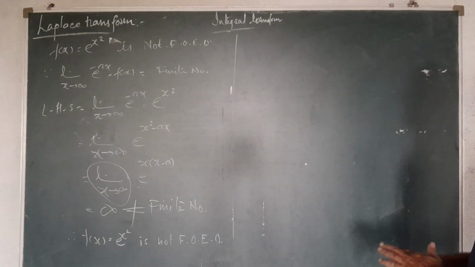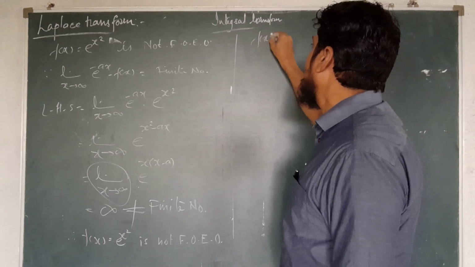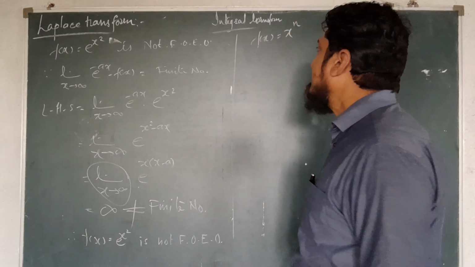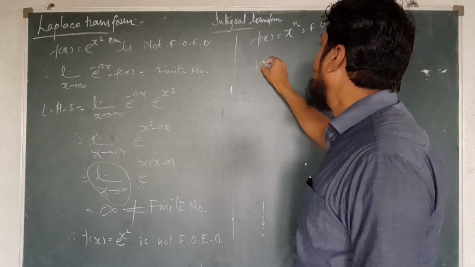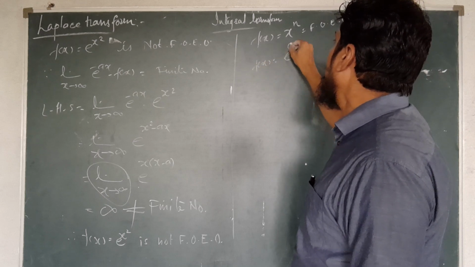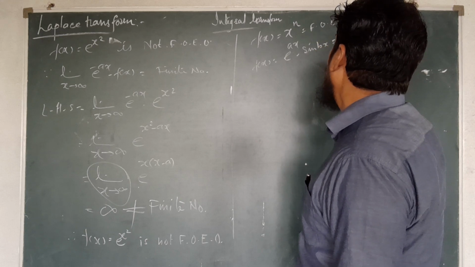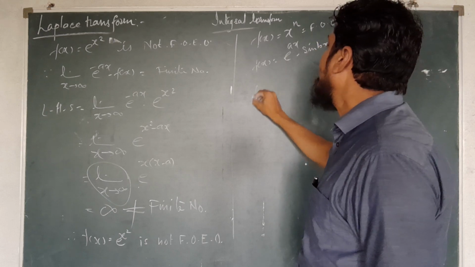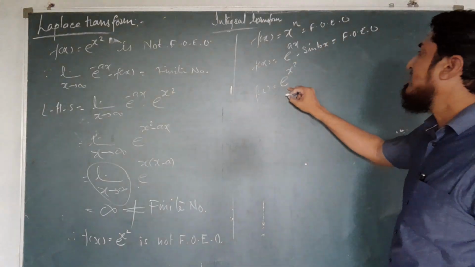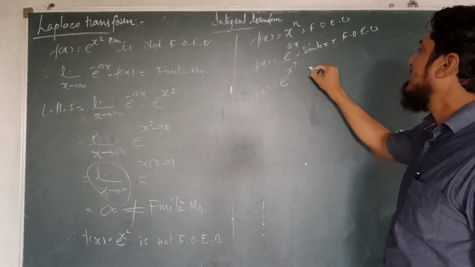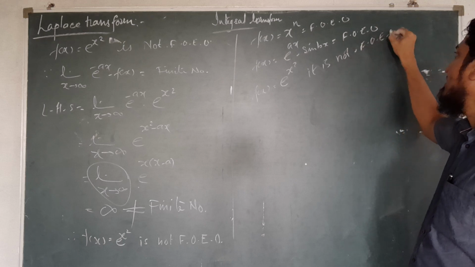So we have seen three different examples. The first one was x raised to n, which is a function of exponential order. After that we studied e raised to ax into sine bx, which is also a function of exponential order. And third, we learned about e raised to x square, and it is not a function of exponential order.